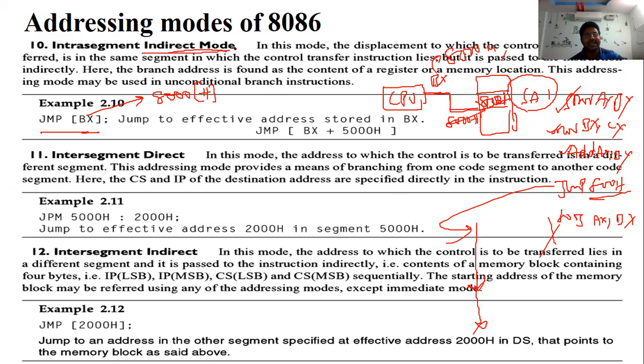The short name of the instruction is JMP, for suppose JMP 8000h. This is direct, where the instruction itself represents the address directly. This is the intra segment direct mode.